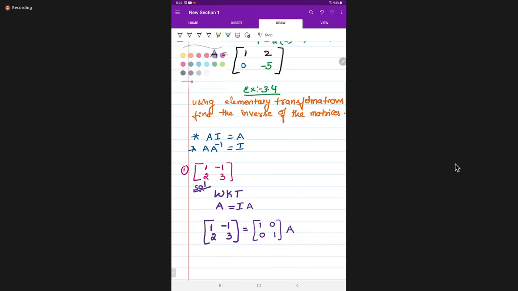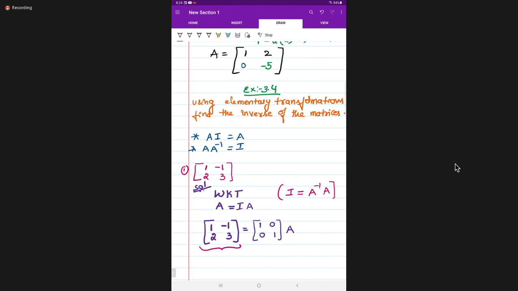The LH side 1, minus 1, 2, 3, this full matrix is converted into identity matrix. If you convert it into identity matrix, and that same operation you apply on the RH side also, then we can get A inverse.